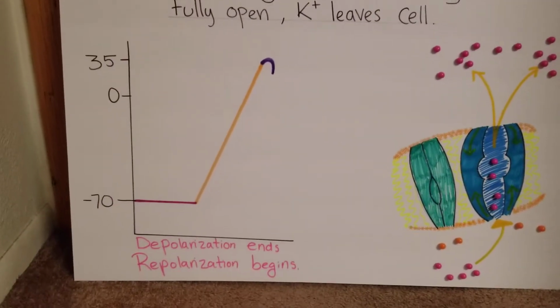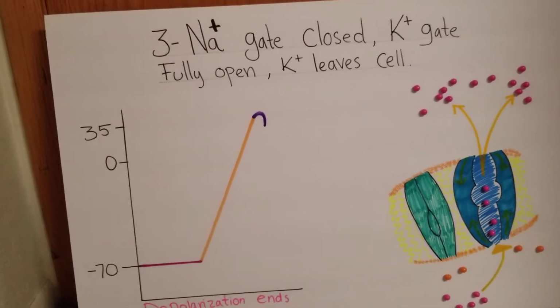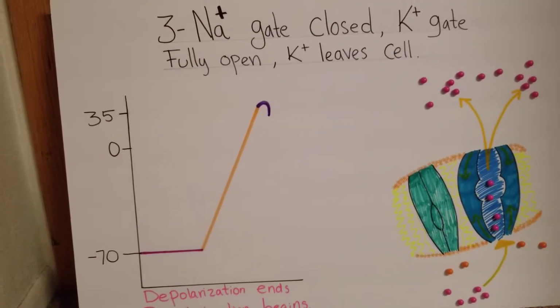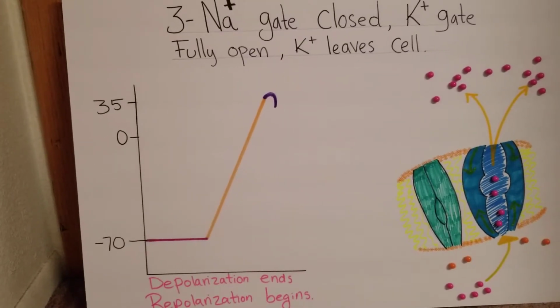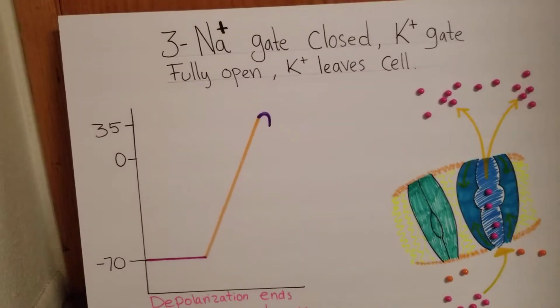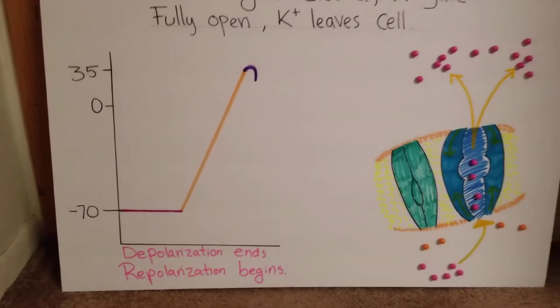So we can see here that depolarization has ended and repolarization begins. The graph shows the ICF current descending back into the negative values towards the negative 70 mV as the membrane repolarizes.